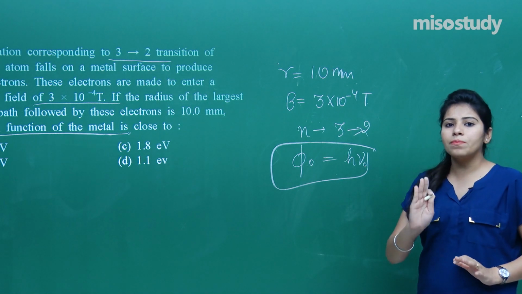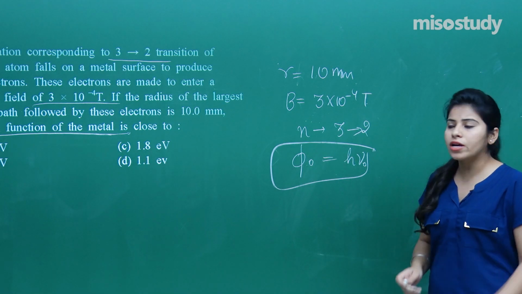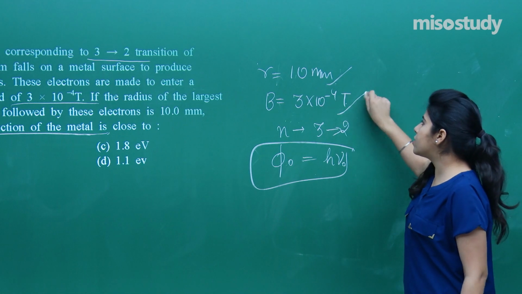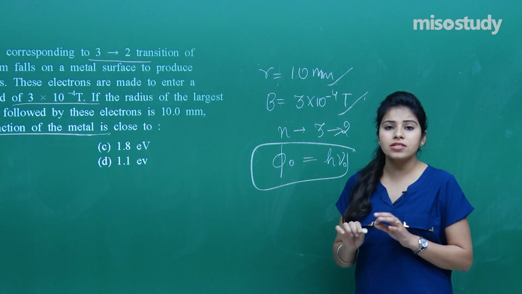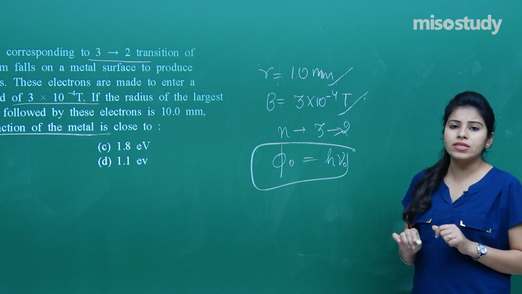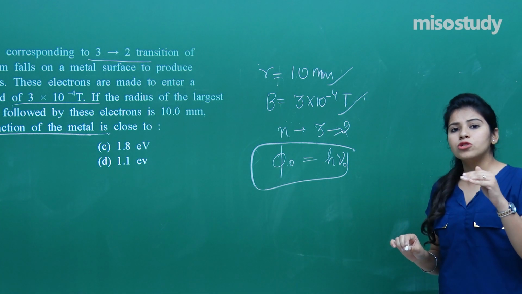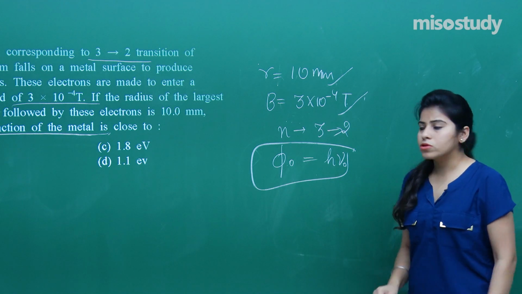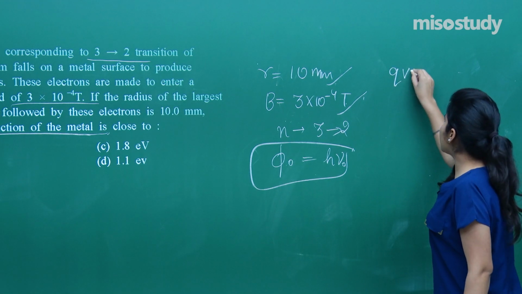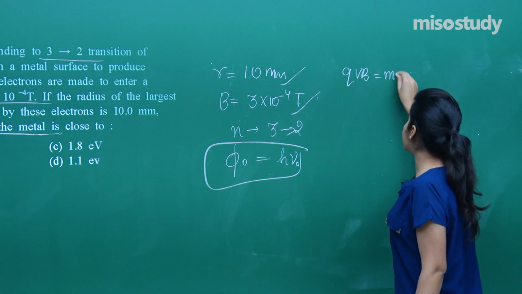Before going to that, I would like to tell you one thing: if the photoelectron is rotating in a circular path, the centripetal force will be balancing the magnetic force. That means QVB will be equal to mv square by r.